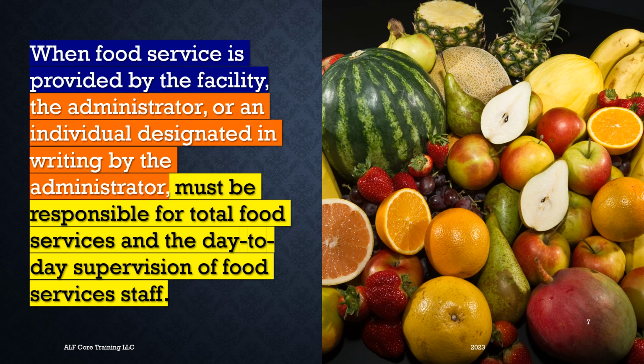When food service is provided by the facility, the administrator or an individual designated in writing by the administrator must be responsible for total food services and the day-to-day supervision of food service staff.